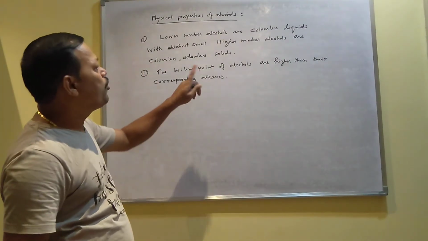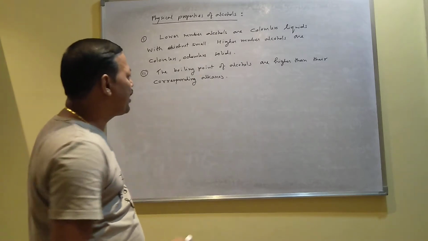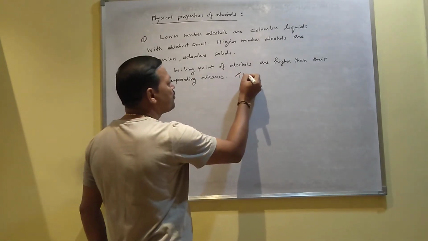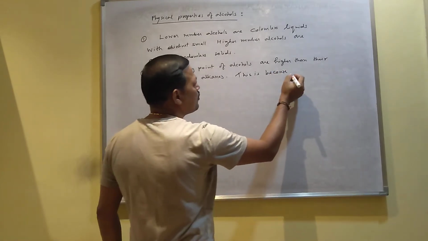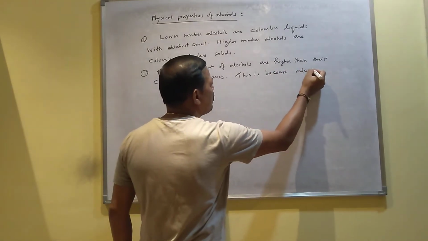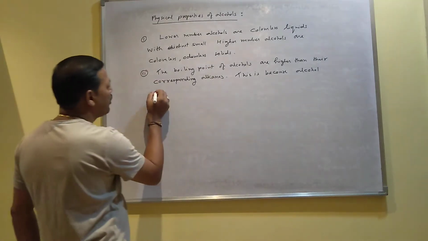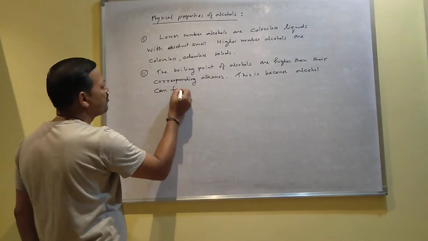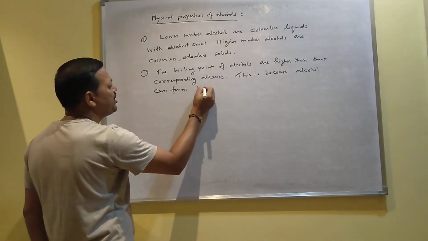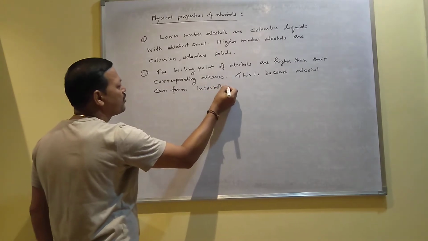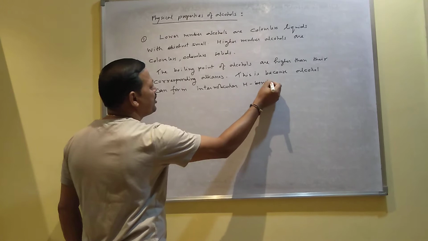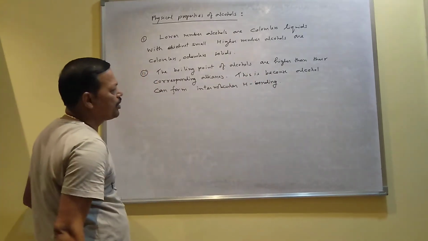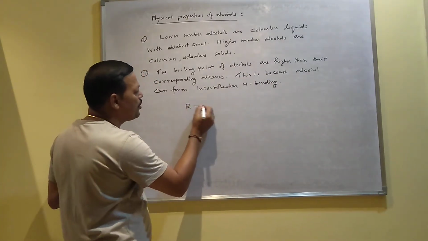And why is the boiling point of alcohols higher than alkanes? This is because alcohol can form intermolecular hydrogen bonding. And how do they form the intermolecular hydrogen bonding?